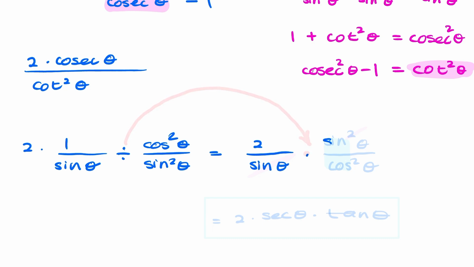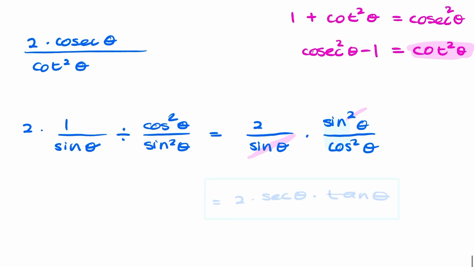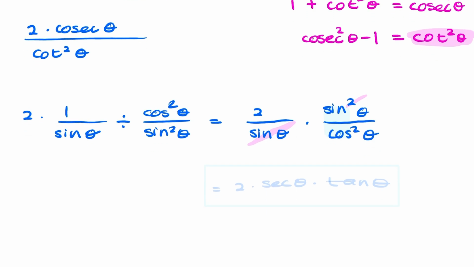So that's sine squared theta over cosine squared theta. And that sine theta will cancel with the squared, and 1 over cosine squared is simply secant squared.